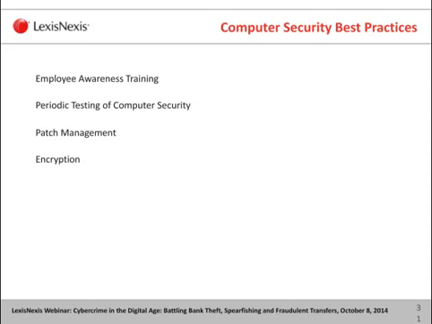And right along with that is patch management. Mostly when you test your computer security, what you find out is what patches or software updates you've neglected to install. The prompt installation of software patches and updated computer security software can really help prevent problems.